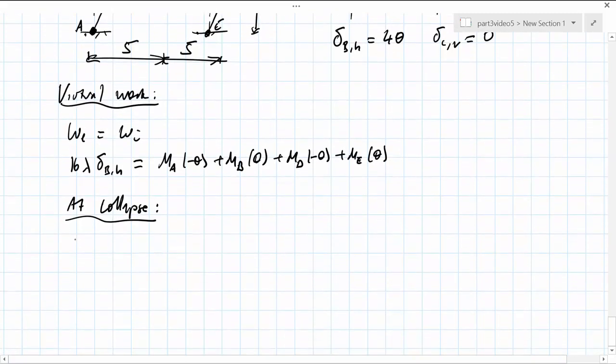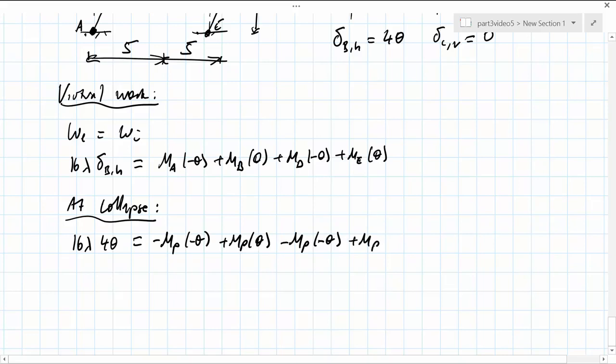At collapse, we then have 16 lambda times by 4 theta, and that's equal to minus MP minus theta plus MP times by theta minus MP times by minus theta plus MP times by theta, which sums up to 4 MP theta.